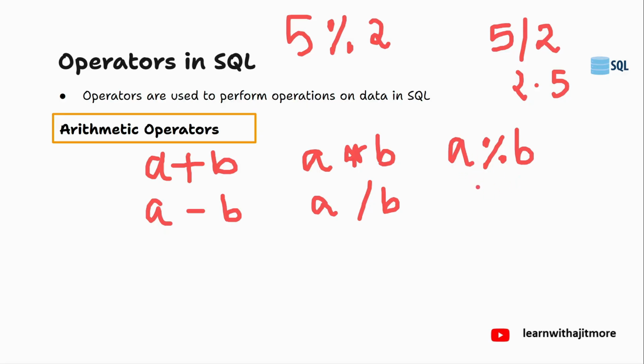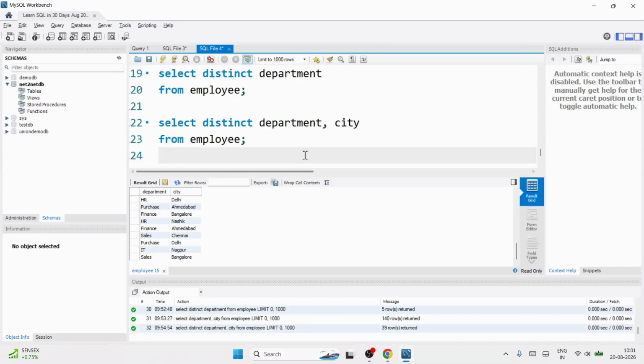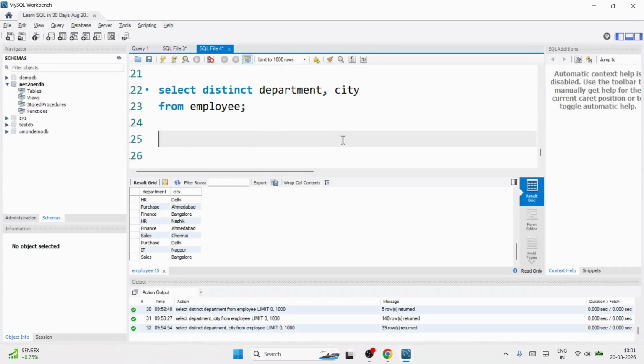In modulus, the sign of the first operand is considered. Whatever is the sign of the first operand is the sign of the result. Quickly I'll show you that too, so that we can wind up today's session.